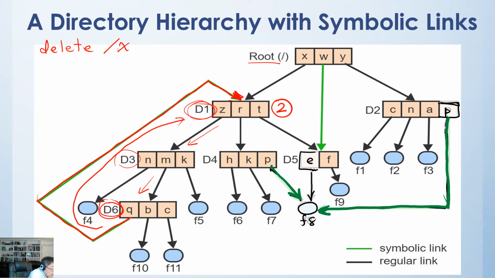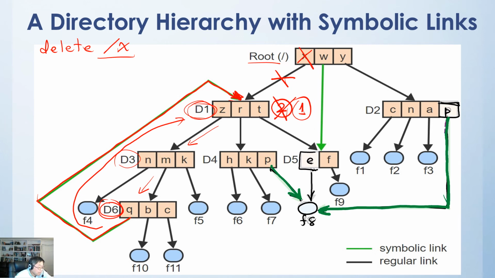However, since the directory D1 has two parents, and this is one of the parents, the operating system file system only deletes this particular path, and it will not delete the directory because the directory has another path, right? And then it will update the count from 2 to 1.